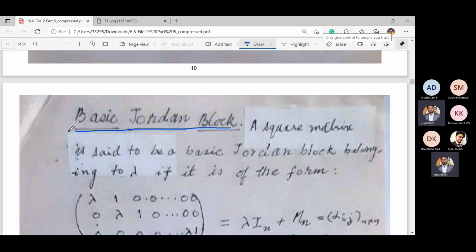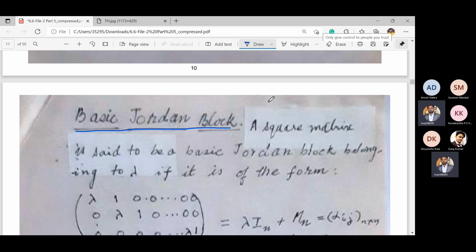So for that we are introducing basic Jordan blocks, that is the Jordan form, a Jordan block form of a matrix. For any linear transformation we can have a Jordan block form, in a general form, and they are unique in some sense. We will do a theorem later stating that if we have two linear transformations which are similar, then their Jordan blocks are the same. This is the importance, and if we have a diagonalizable linear transformation, then it has a special type of Jordan block form.